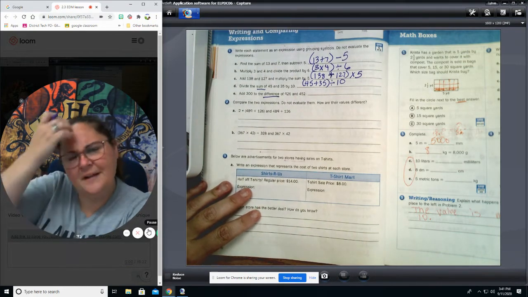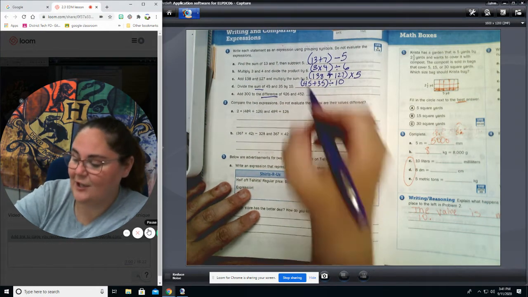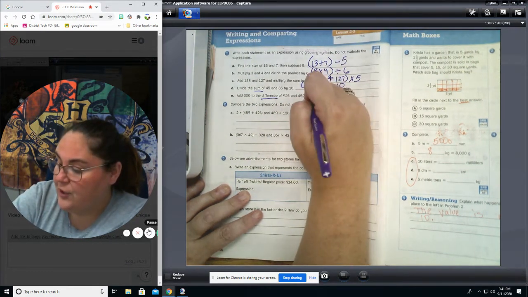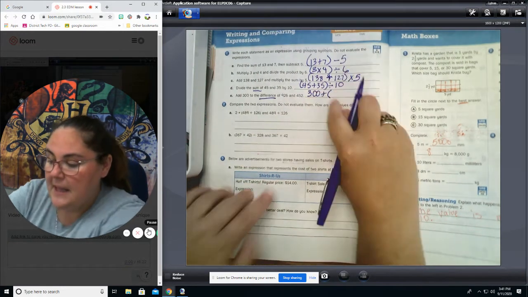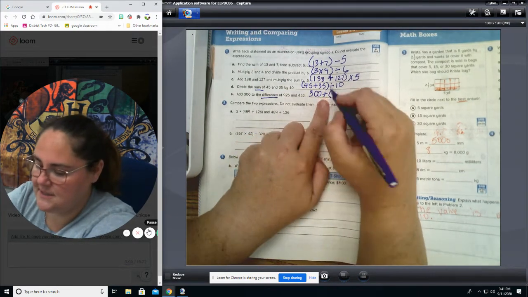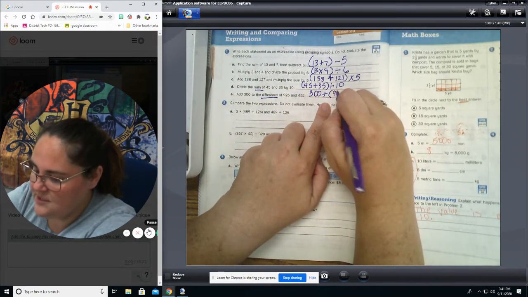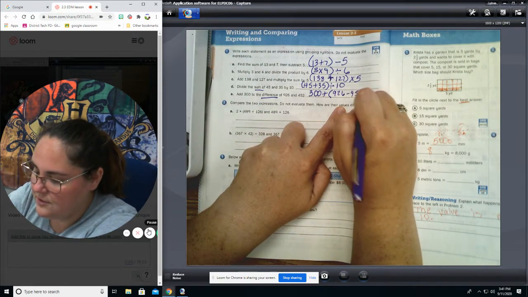How do I find the difference? Add, subtract, multiply, or divide. You're going to subtract. So you could write it like this, 300 plus. If you write it this way, you must put parentheses. 926 minus 452.